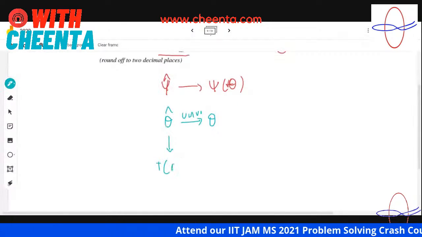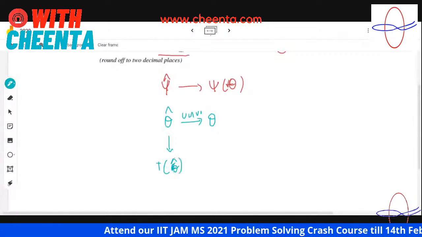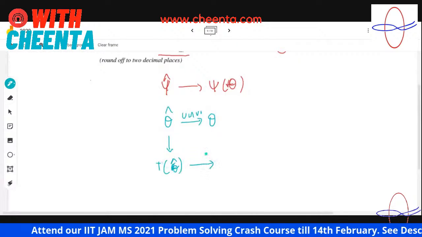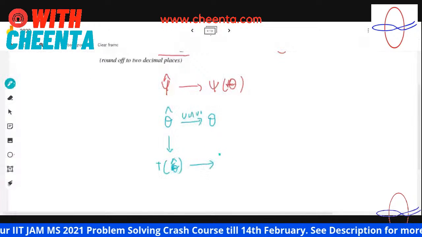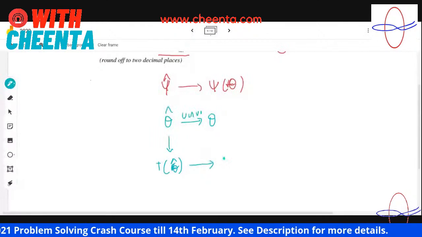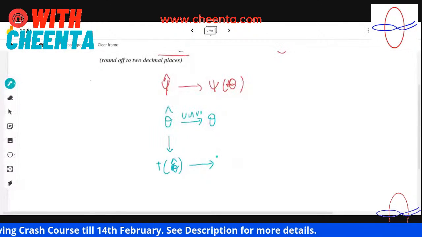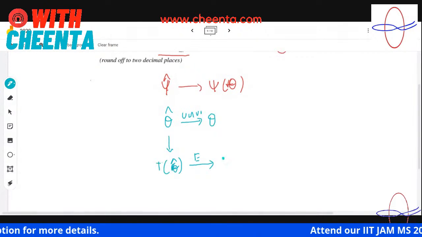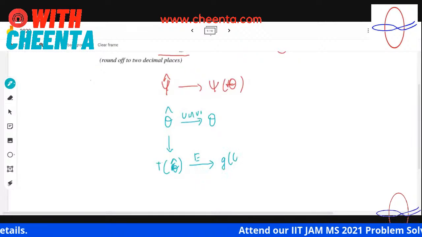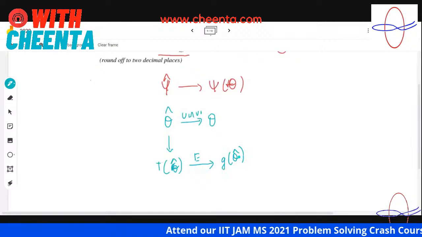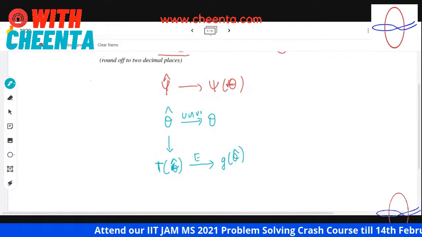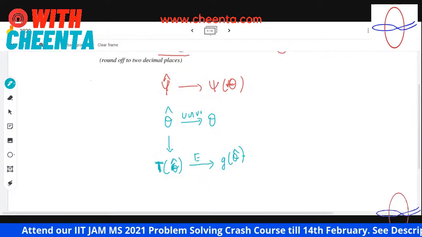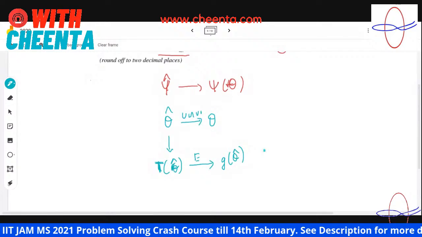Actually we use the same principle as in the other problem: t of theta hat such that the expectation of t of theta hat is g of theta. Okay, right? So what do we get?